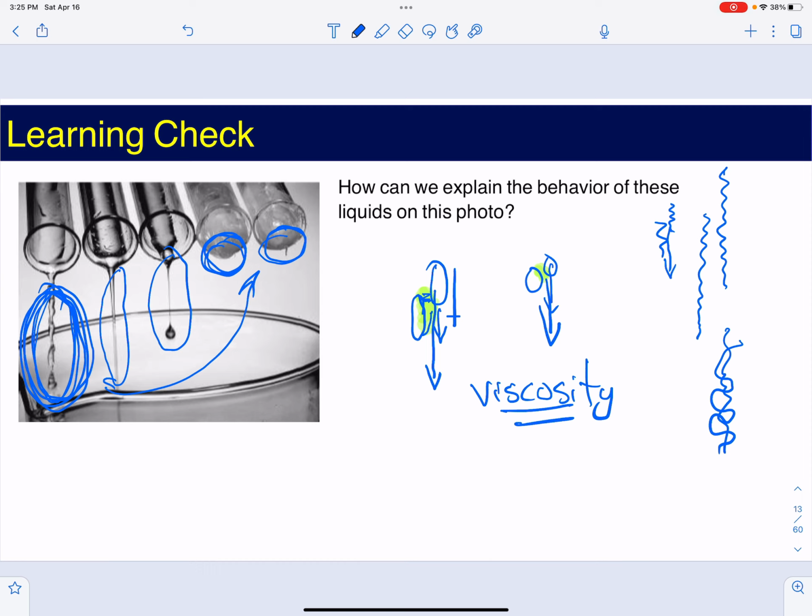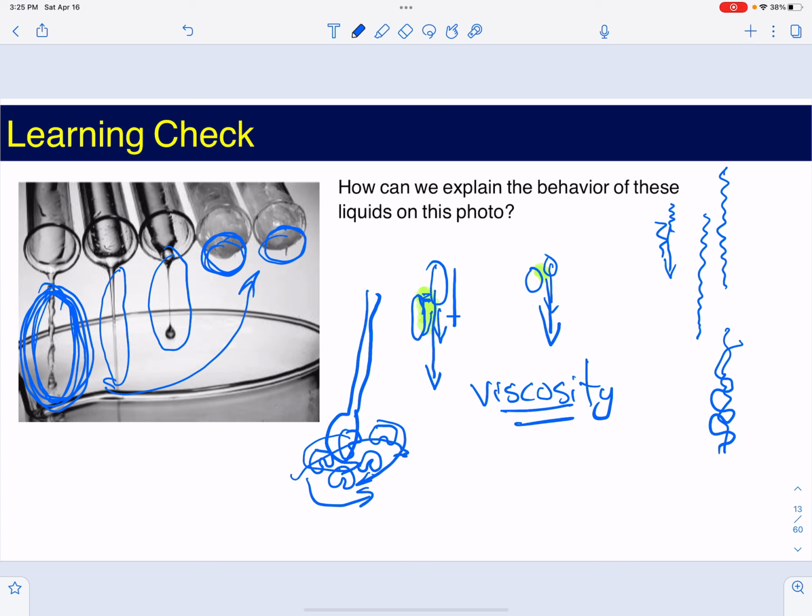The example I always like to use is, if you are cooking pasta and you're cooking elbows, let's say, and you put your spoon in there to mix them, it's going to be really easy to mix your elbows.